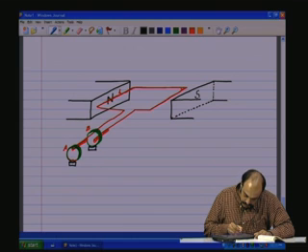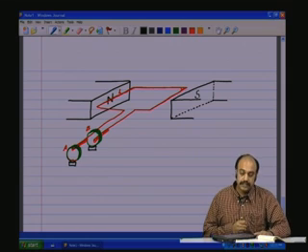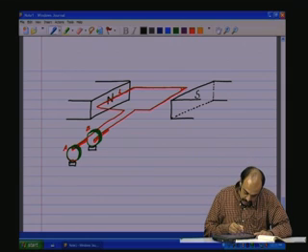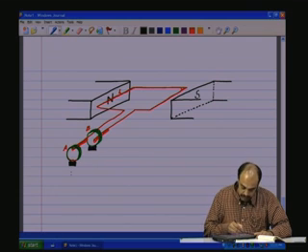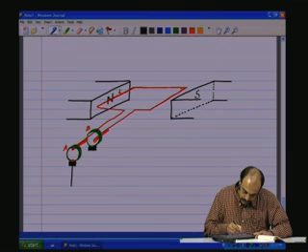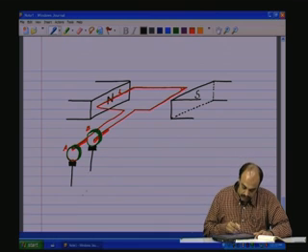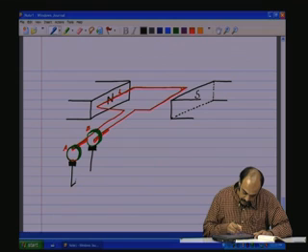These carbon brushes are making only spring contact with that one, and through this we bring out the leads, and then we can now connect a load resistance. This is the load.